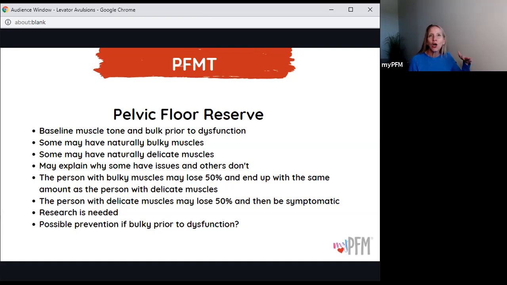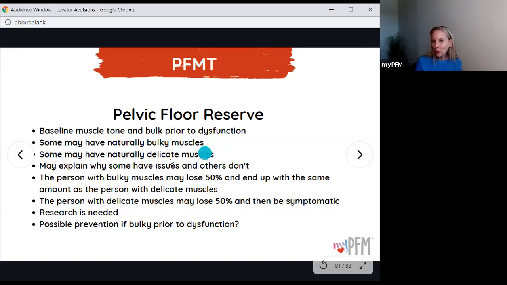So had I gone into my first pregnancy or even my second or third pregnancies with really good, strong, toned, bulky, good volume pelvic floor muscles, that doesn't mean inelasticity. We're talking about muscle health, a healthy muscle. Could that potentially have reduced some of the impacts on function that I've had over the years? We need more research.